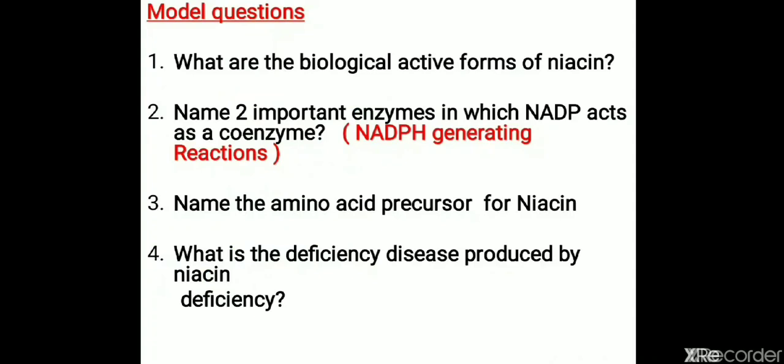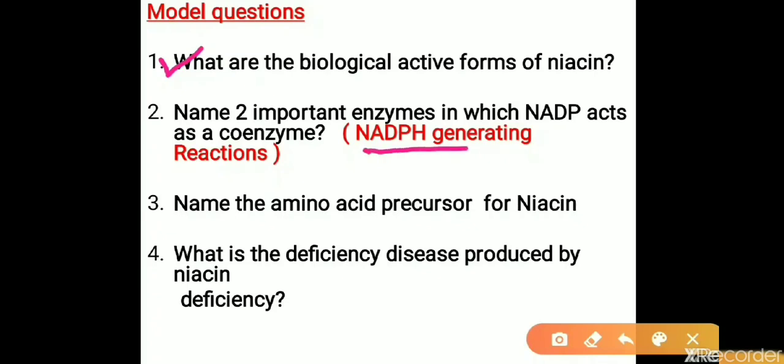So let's see some questions. The first question: what are the biologically active forms of niacin? There are two biologically active forms, or coenzyme forms, of niacin: one is NAD and the second one is NADP. The second question: name two important enzymes in which NADP acts as a coenzyme. These are NADPH generating reactions, because in these reactions NADP is converted into NADPH.